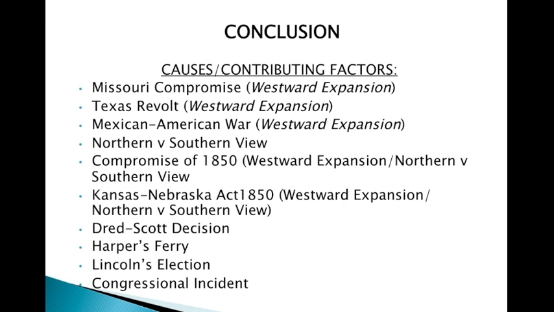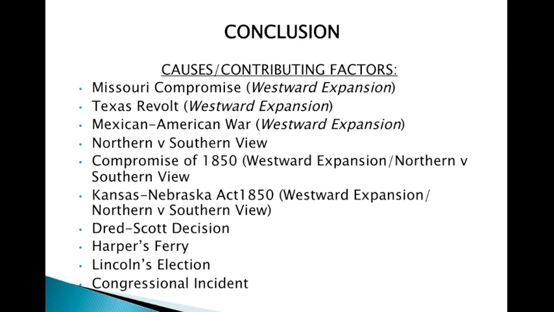Then there was Harper's Ferry, which deepened the gap between the Northern and Southerners' view of each other. The Southerners felt that the Northerners felt so strongly about getting rid of slavery that they would commit an act of treason, whereas the Northerners felt that this act was just an act of martyrdom.